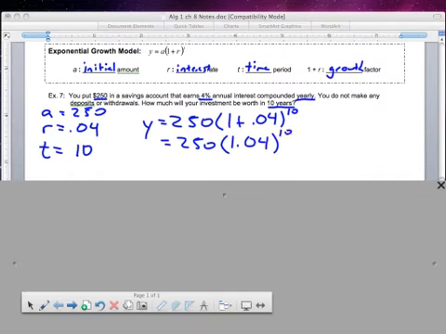When I plug that into my calculator, I believe $250 over the course of 10 years will turn into roughly $370.06.